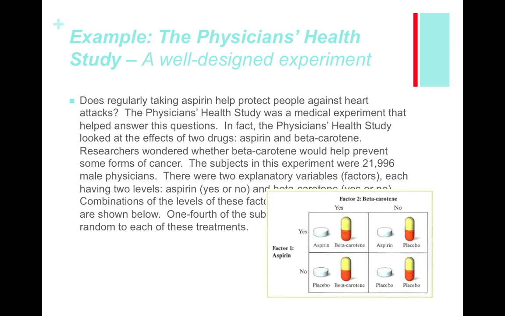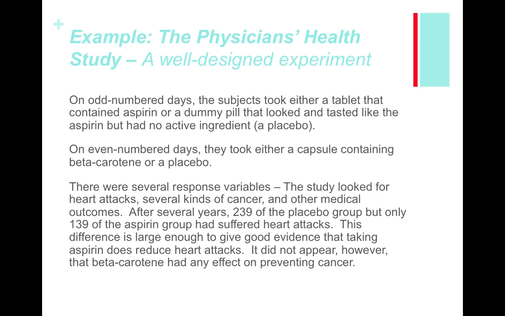Combinations of the levels of these factors form the 4 treatments that are shown in the figure to the bottom right. 1/4 of the subjects were assigned at random to each of these treatments. On odd number days, the subjects took either a tablet that contained aspirin or a dummy pill that looked like and tasted like the aspirin, but had no active ingredient.